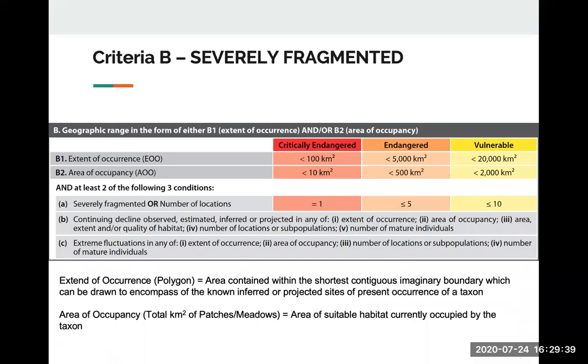The area of occupancy really is about how much total coverage. So that's the actual area of coverage altogether that has seagrass in it. So it's not this simplified polygon of range. So in this case, for instance, if you had a population in Southern Australia and you had a population off the coast of Chile, the extent of occurrence would be right from Australia all the way to Chile.